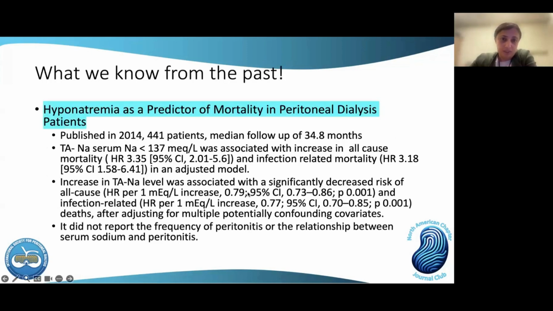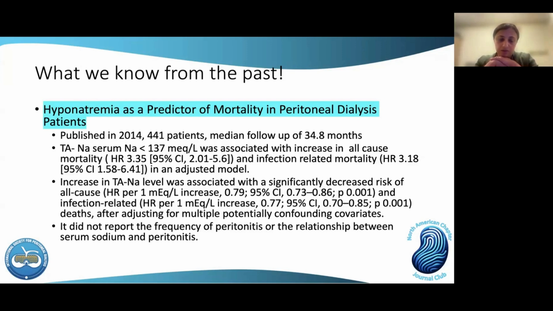So there were a few studies done in the past. I'm just going to cite a few studies that I found important. The first one was titled Hyponatremia as a Predictor of Mortality in PD Patients. This was published in 2014, enrolled 441 patients, and the median follow-up was 34.8 months.